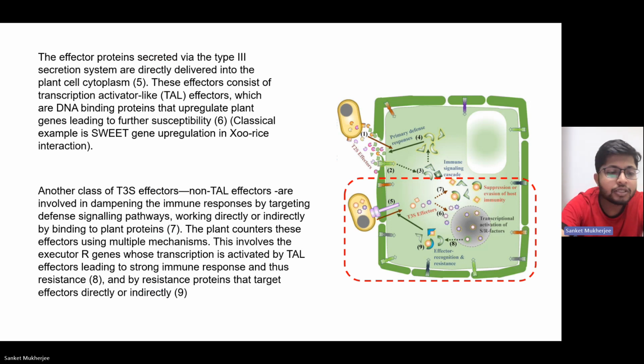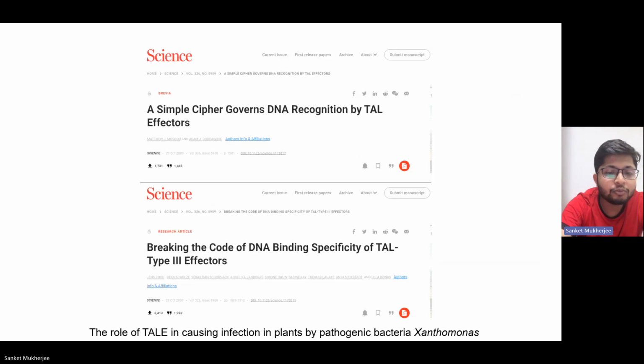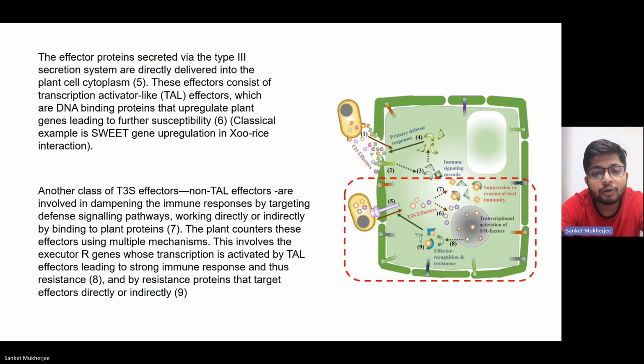So how does it work? In the case of Xanthomonas species, what we observe is that they have effector proteins which are secreted through the type 3 secretion system. We'll talk in detail about the different types of secretion systems present in bacteria. These effector proteins are secreted via the type 3 secretion system and directly delivered to the plant cell cytoplasm.